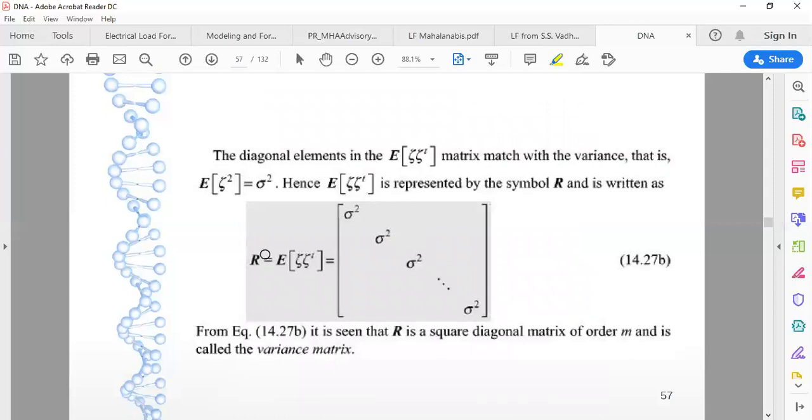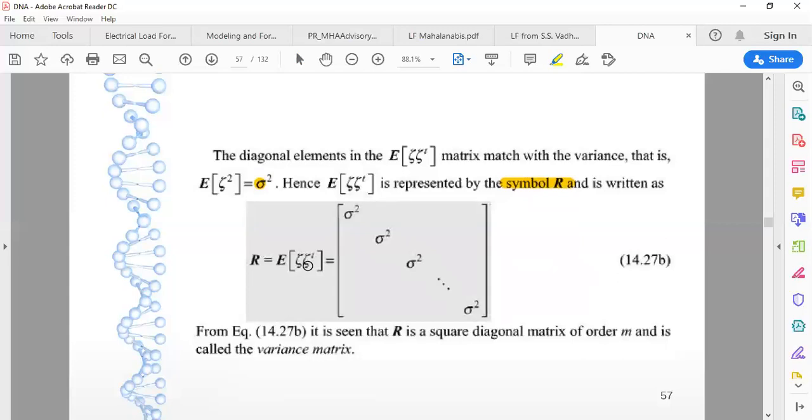Now these diagonal elements are also termed as variance, which is symbolized by capital R. What is capital R? As we all know, variance is nothing but sigma square. So R is equal to the expected value of zeta into zeta transpose.